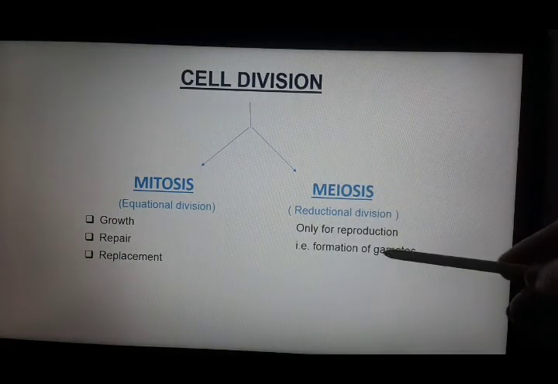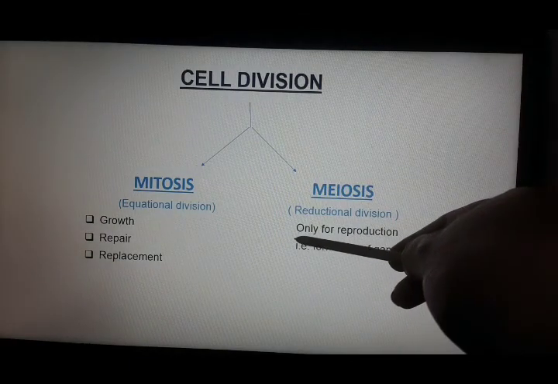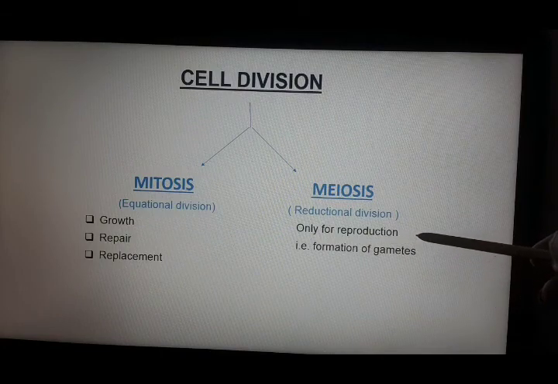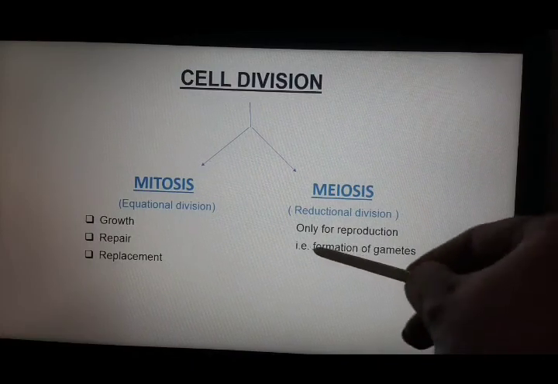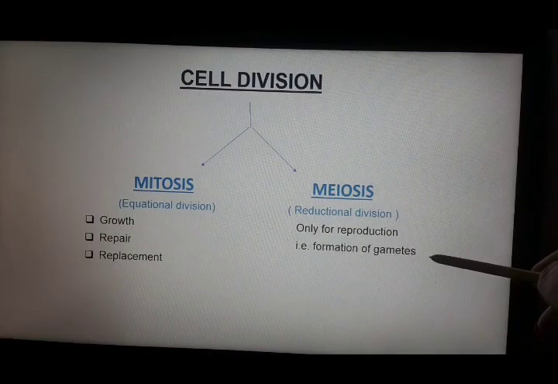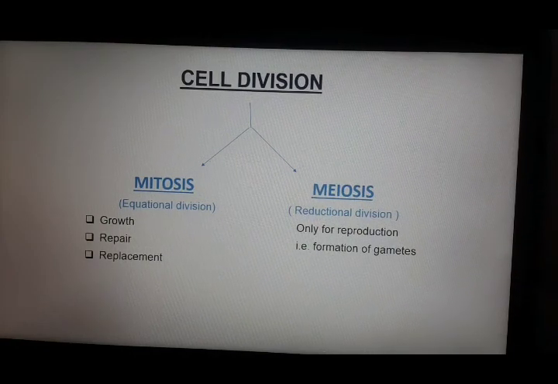But on the contrary, when you talk about meiosis, meiosis is included whenever a body goes for reproduction. That means particularly you have to specify that it is involved in formation of gametes. Now, what are gametes? Gamete is the other technical name for the reproductive cells produced in your body which participate in sexual reproduction.